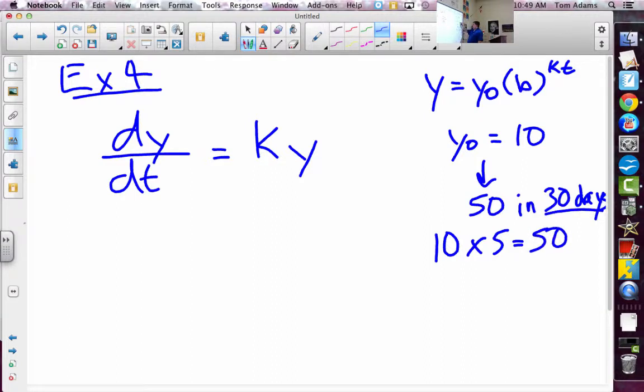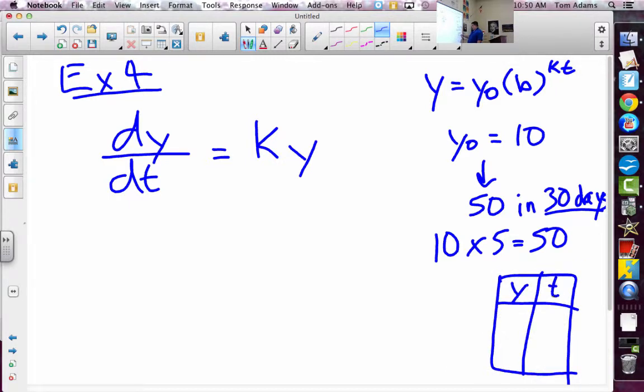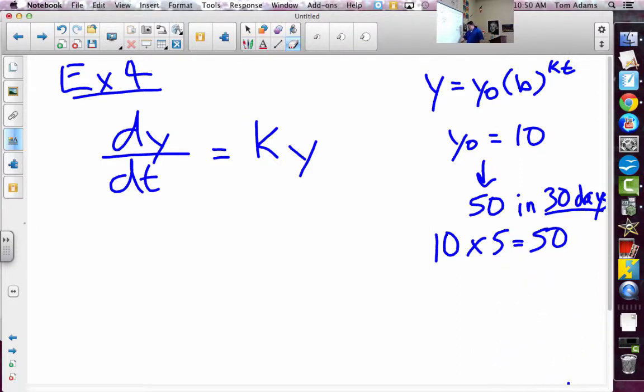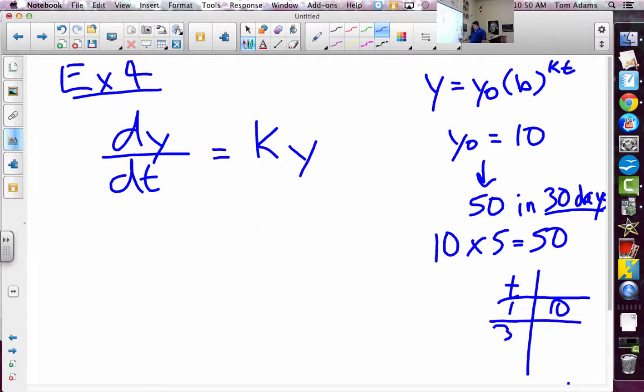In other words, we started with 10. Sometimes if you write it in tabular form, it's a little easier to see. So I've got y and t. On day 1, we had 10. And then on day 30, we had 50. So to get from here to here, we multiplied by 5.